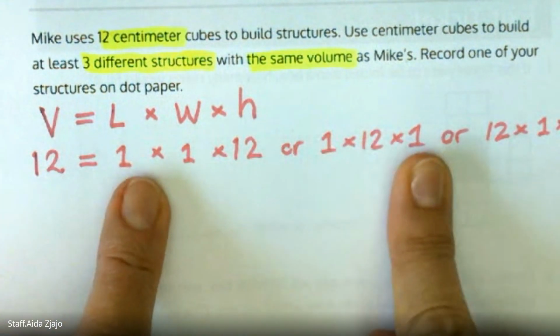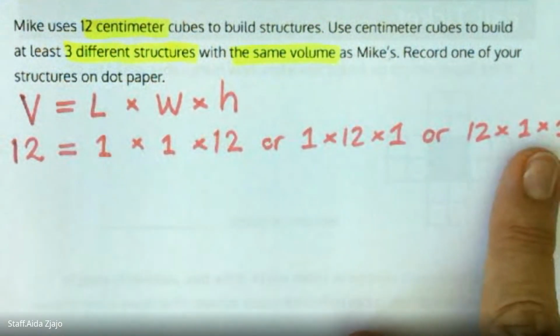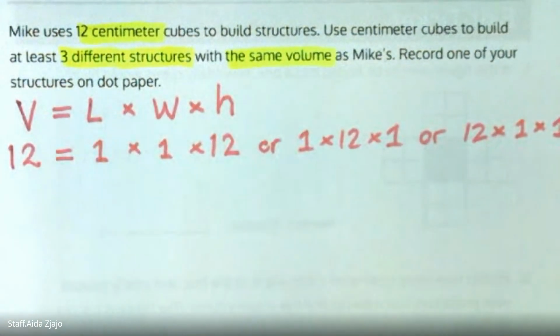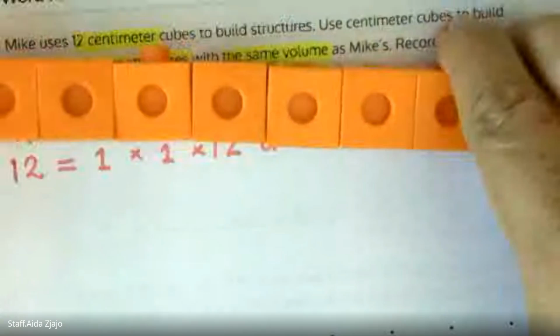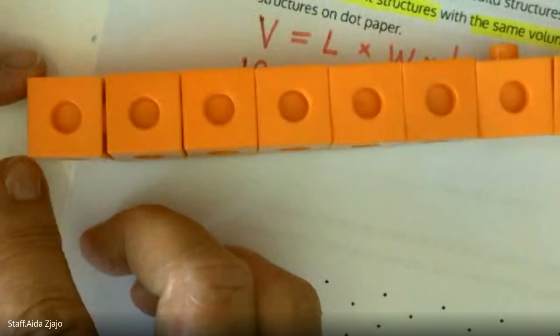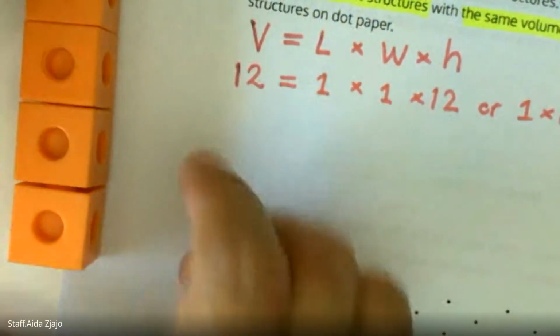If I have all these cubes and they are the same, then I can do 1 by 12 by 1, or I can put them all standing, and it will be the cube of 1, or I lay down all the 12, so that would be the same situation.